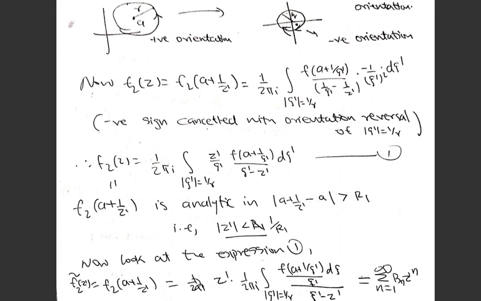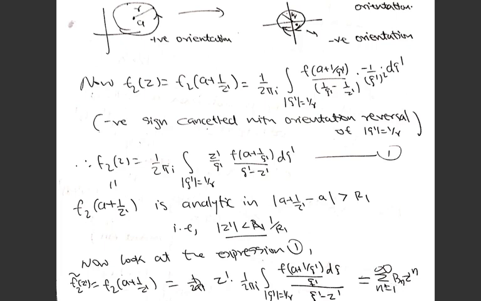Now you look at here, the expression has a term z prime. So f2 of a plus 1 by z prime is z prime into something. This is a function which is analytic and has a term z prime. Therefore, it will be 0 at z prime equal to 0. So this analytic expression will not have the 0th term.